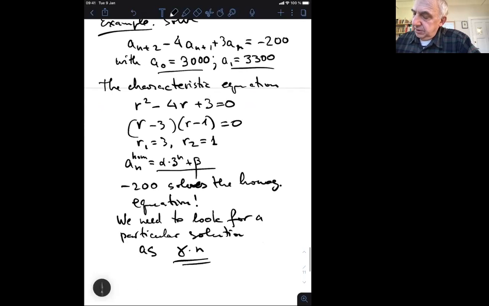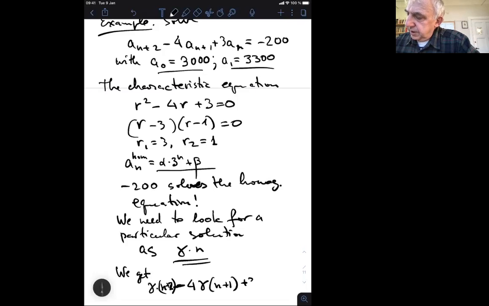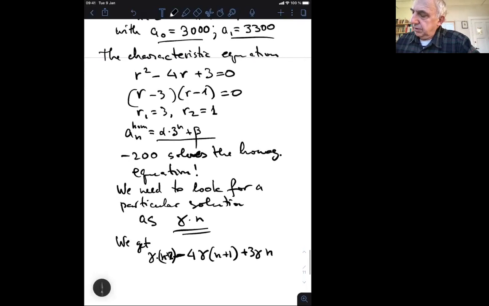So with this ansatz, we get gamma times n plus 2. Oh, sorry, this should be gamma times (n plus 2), minus 4 gamma times (n plus 1), plus 3 gamma n, and this should be equal to minus 200.